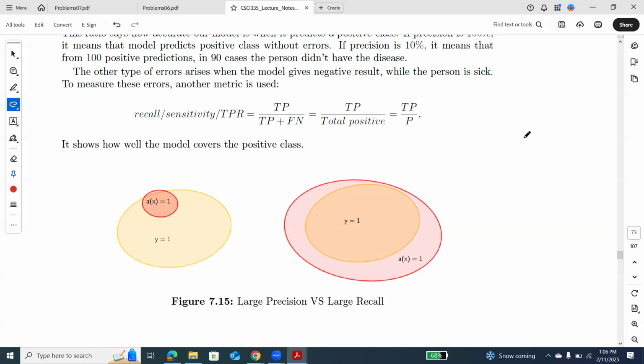Now let's think about another task. A bank decides whether to give the credit or not. So what do you think? Does the bank want to get all the credits back, or maybe the bank wants to give more credits to get more interest, but maybe some people won't return this credit? What do you think?